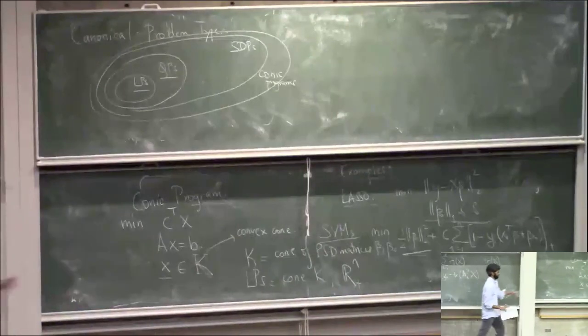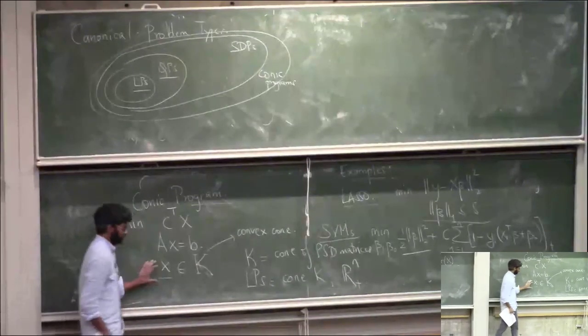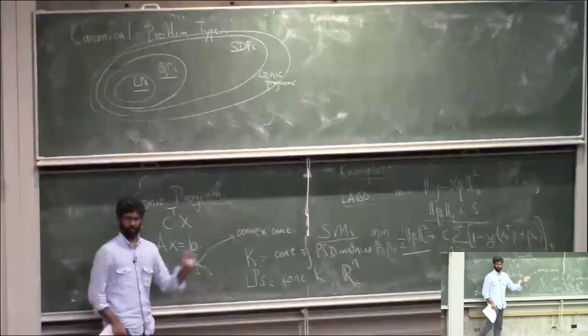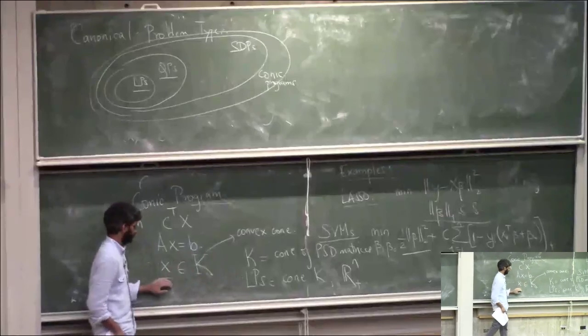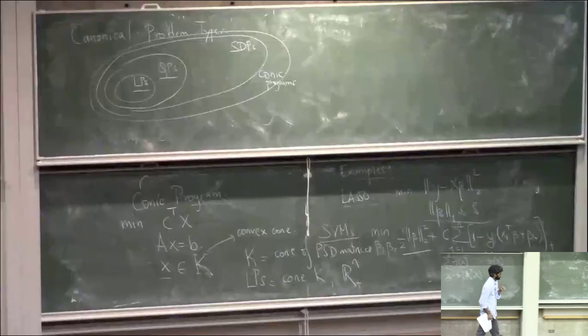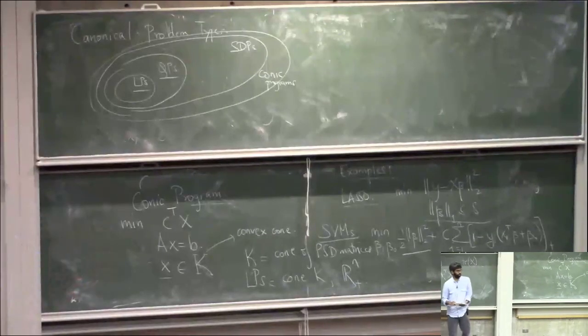So you can think of this as a generalization of both LPs and SDPs, where you phrase the inequality constraints, rather than being either PSD or greater than or equal to 0 element-wise, as X belonging to some convex cone K. Okay, so this is called a conic program. And I'm going to stop here.